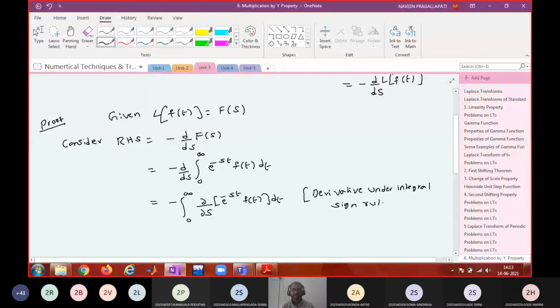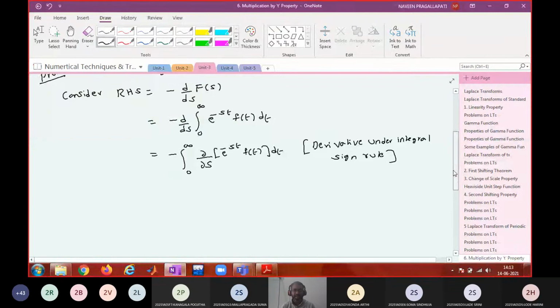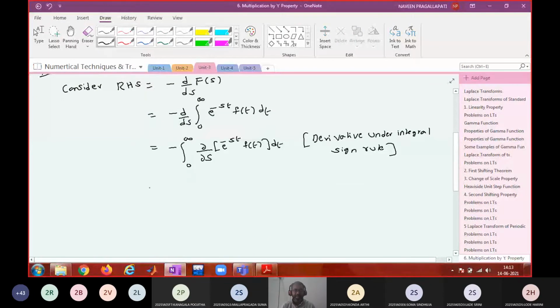Whenever you are taking the derivative inside, if the integrand contains more than one variable, then that ordinary derivative becomes a partial derivative. Because you are differentiating partially with respect to s, this t will be treated as a constant. When t is treated as a constant, f of t is also treated as a constant.